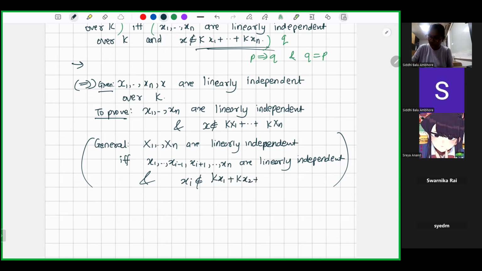I mean, it is clear, but if we look at part A, where the family x1 to xn and x1 plus x2 plus up to xn is linearly dependent over K, but every n of these vectors are linearly independent over K. So it means even though we do not include xi in the A and we included the last summation of all n elements, even then it is becoming linearly independent.